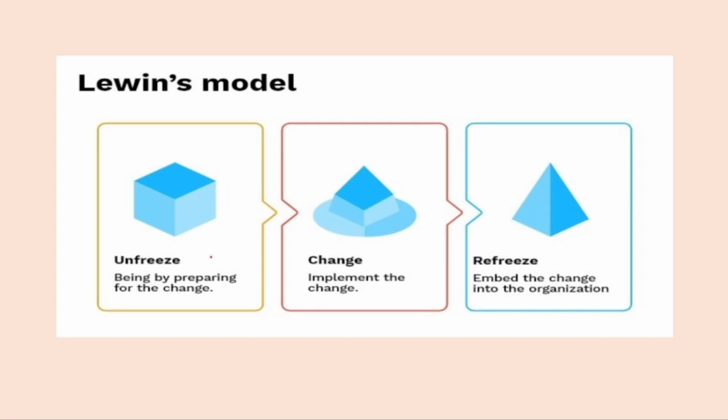Now let me ask you one question. You just think of a block of ice. Now you just tell me, if you want to change that ice cube into a cone of ice, how would you do it? Yes, you are right. First, you will unfreeze it, that is, you will melt the ice, transfer it into a cone shaped mold, and then in the end you will refreeze it.